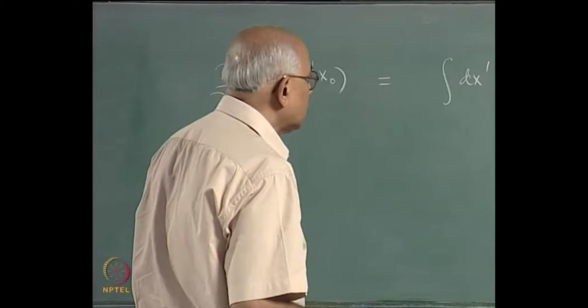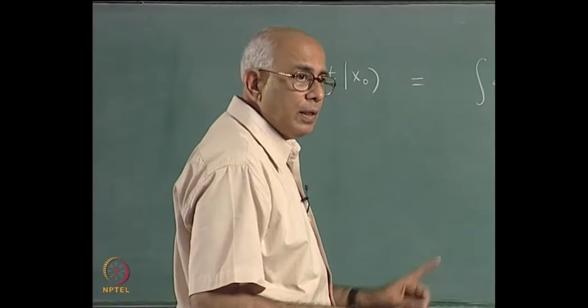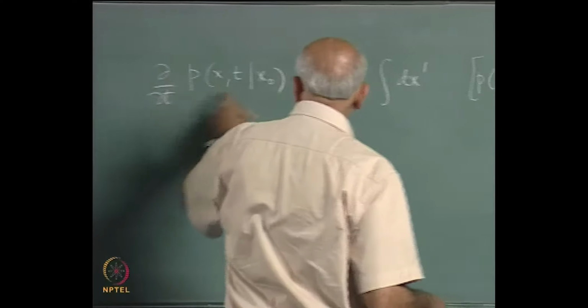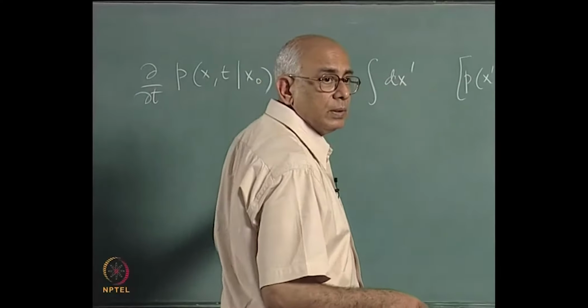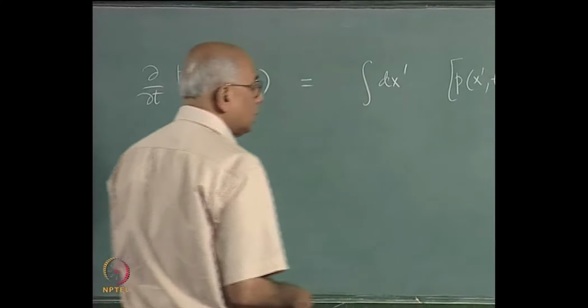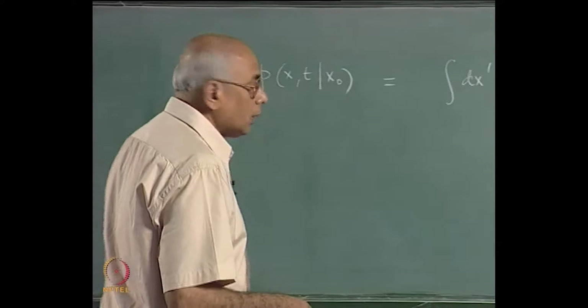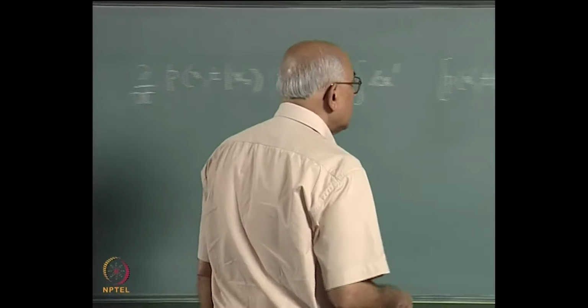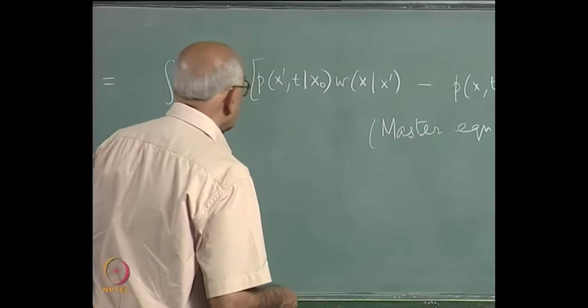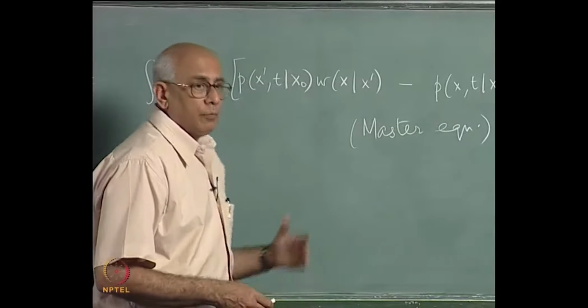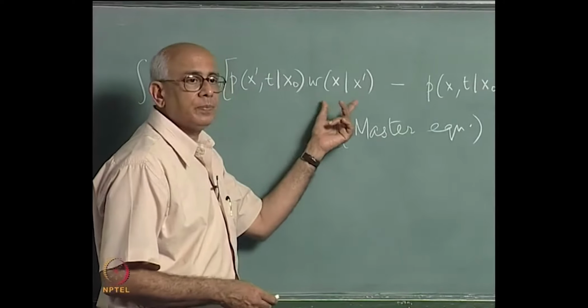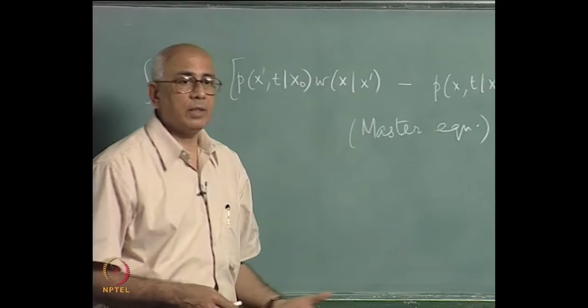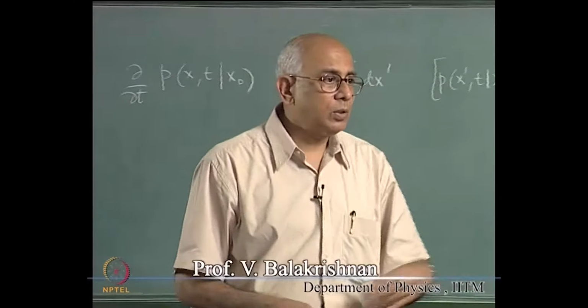This kind of equation is not easy to solve. It is a linear equation in P, but it is an integral differential equation, and it is not altogether trivial to solve it, although there are well established techniques now for handling this sort of equation and making considerable progress. Of course the input information has to be this, you have to know what these transition rates are to go from one state to another.